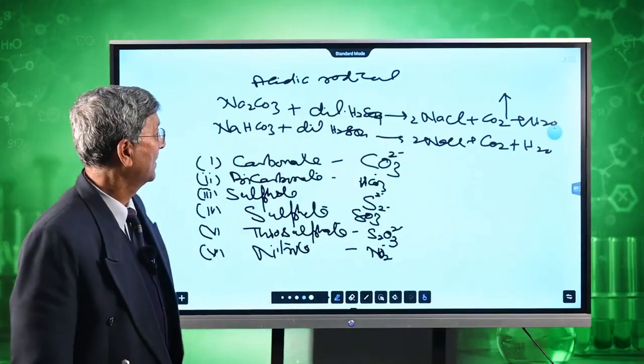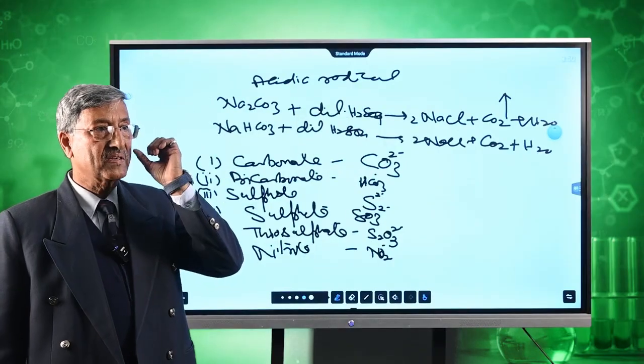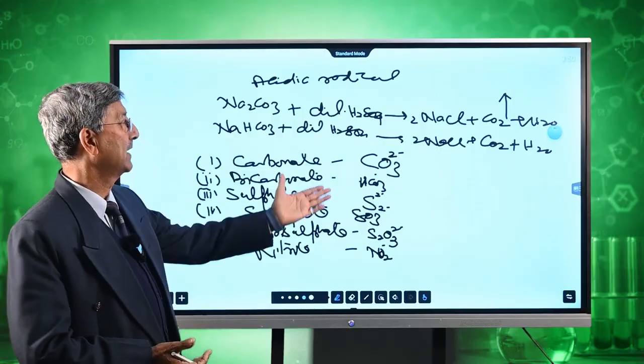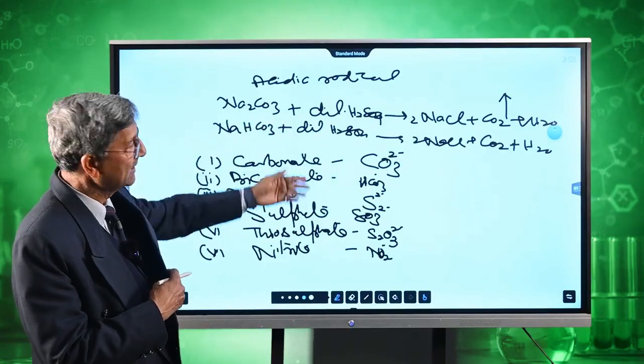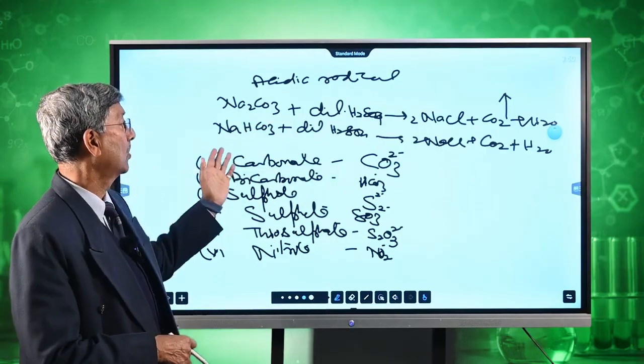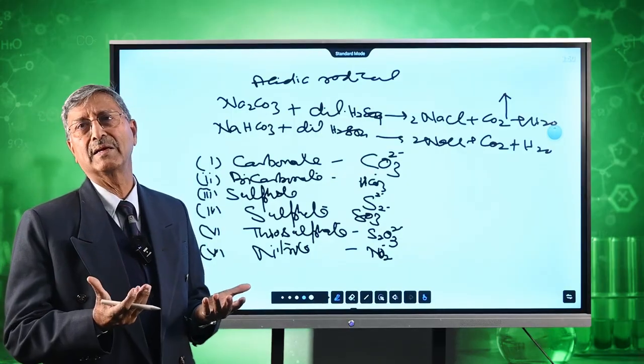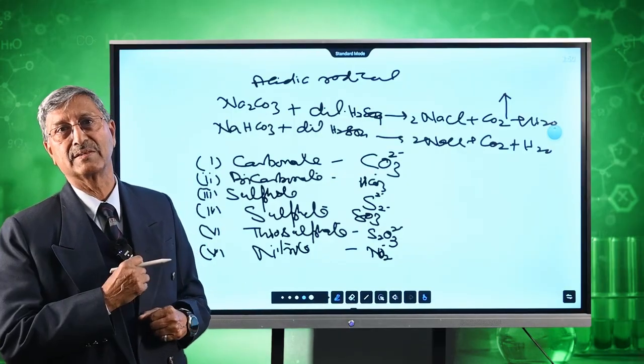So the conclusion is that carbonate and bicarbonate both give carbon dioxide gas. So when carbon dioxide gas is emitted as a result of the reaction of the salt with dilute H2SO4, we may have an idea that carbonate or bicarbonate may be present.